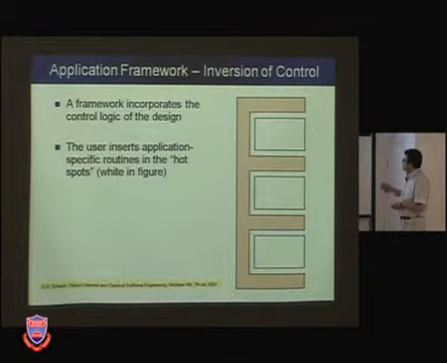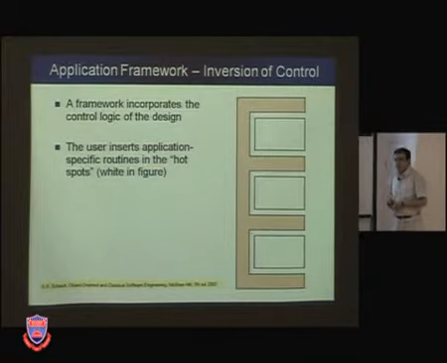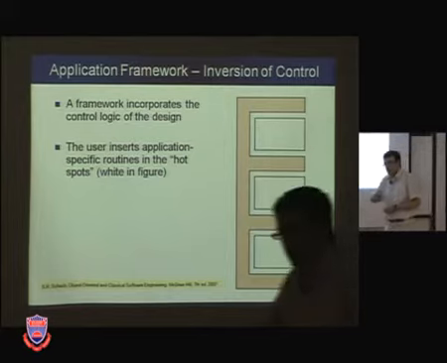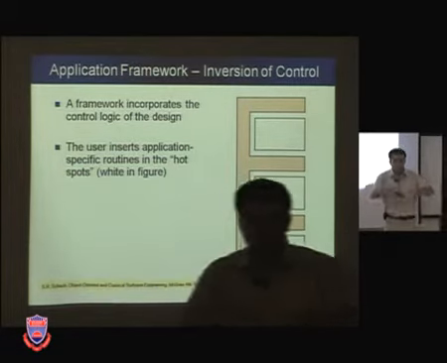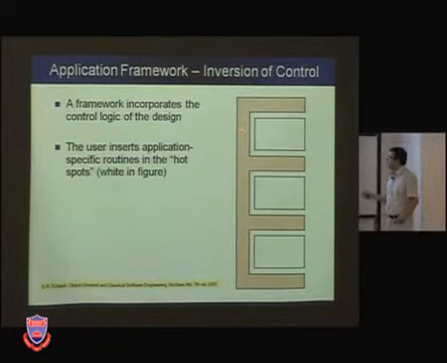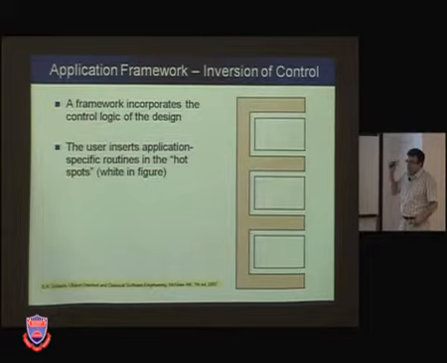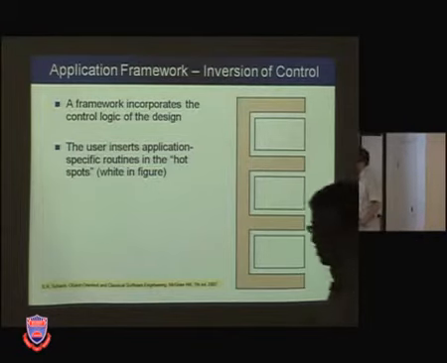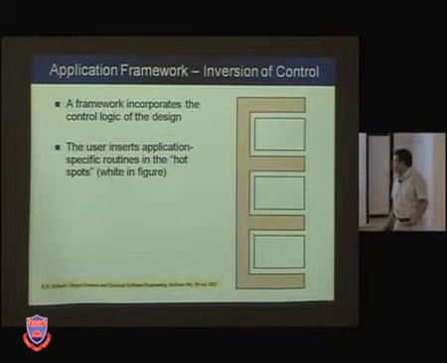The user inserts application-specific code in the hotspots. In class libraries, you define the control logic yourself. Here, the control logic is reused, but you just update and adapt the framework at the hotspots using the hooks. For example, hook methods.